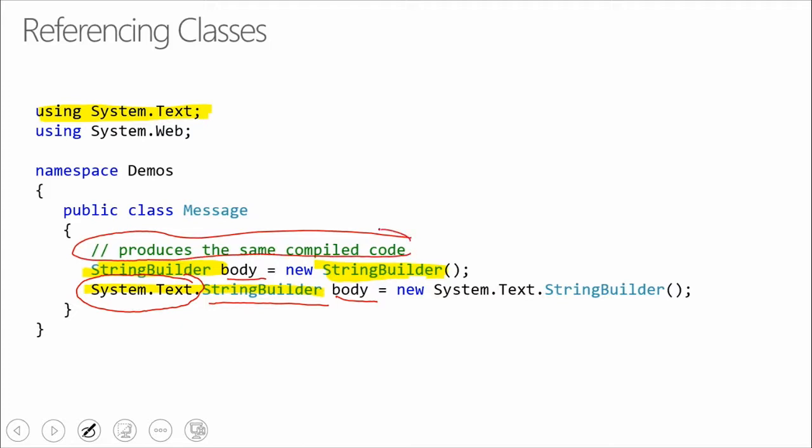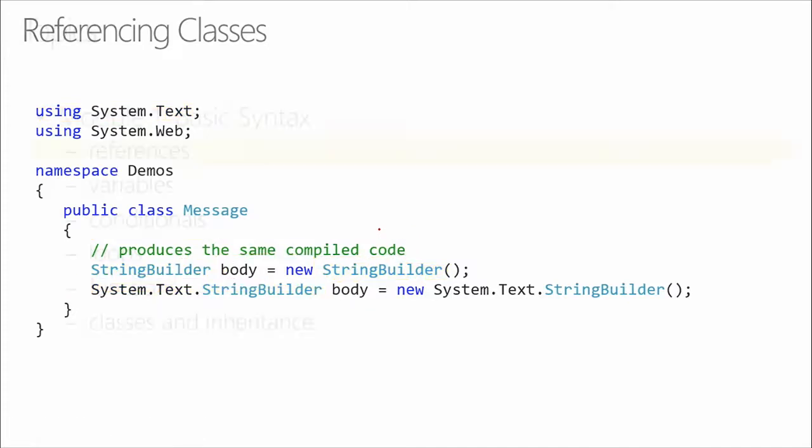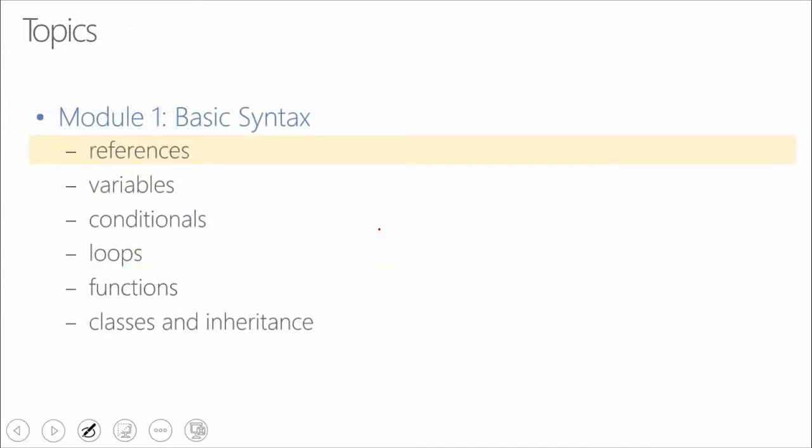So there is no performance difference whatsoever in utilizing the using statement to bring in the namespace or to utilize the class name with the full namespace name in front of it. It's going to compile the exact same way.